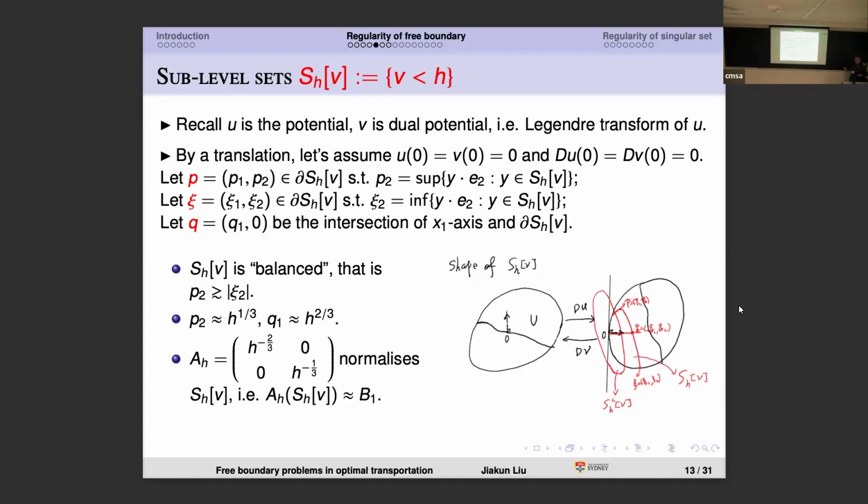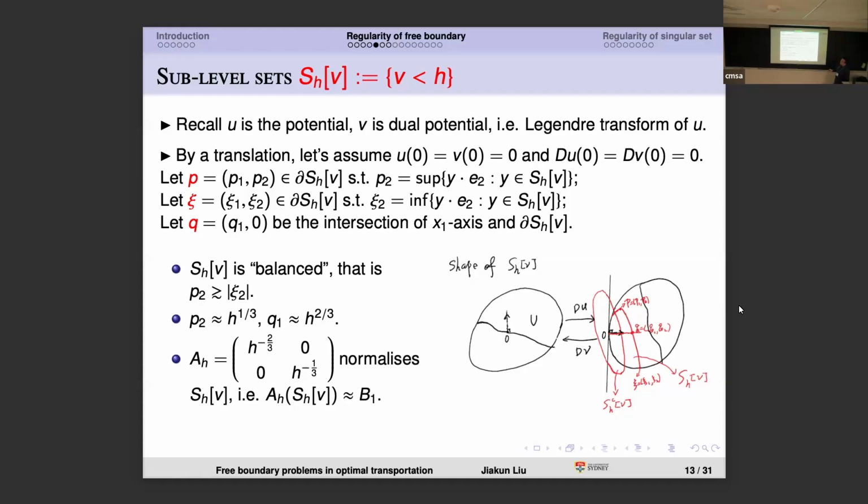That's how the regularity comes from. By using iteration, you have different kinds of estimates. So in order to study the regularity of function v, a convex function, we need to understand the geometry of such a level set.